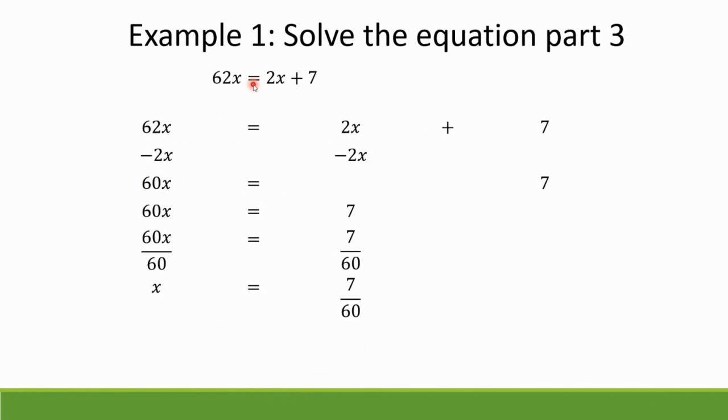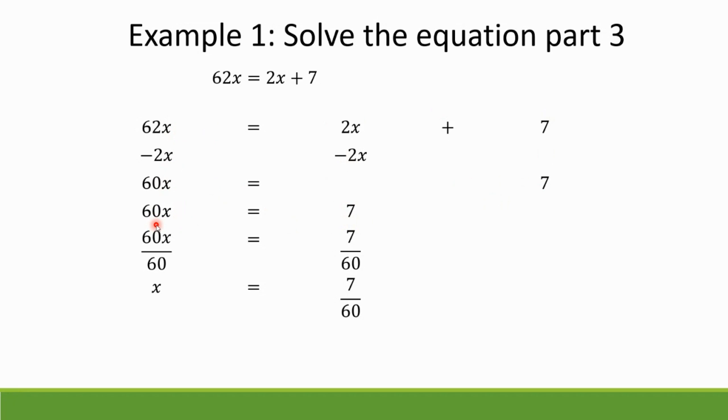Great. So how do we do that? Remember, we must get x all alone. So we subtract 2x from each side. We get 62x minus 2x, that's 60x. 2x here is gone. We're left with 7. 60x equals 7. I brought the 7 over here to make it easier to see. We don't want 60x though.